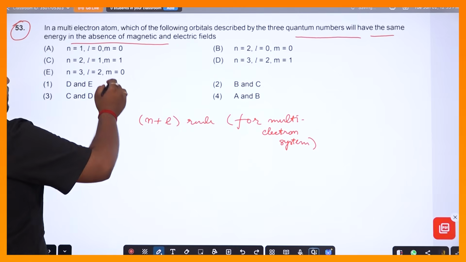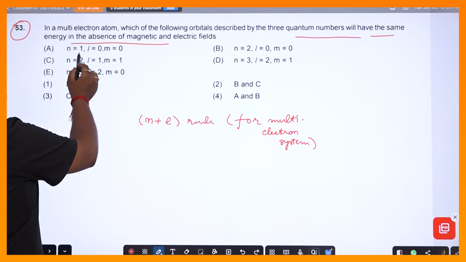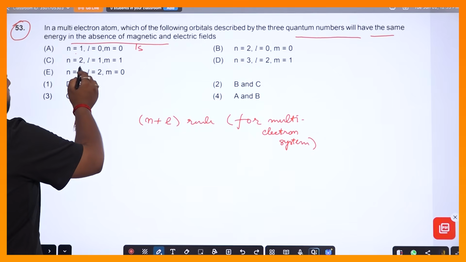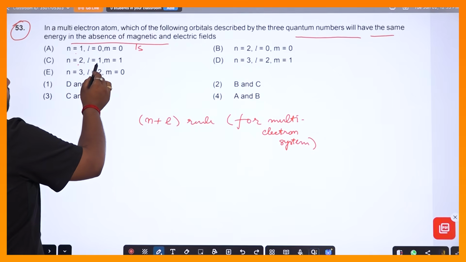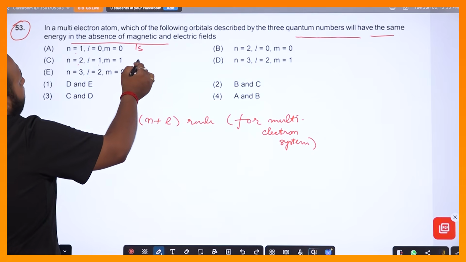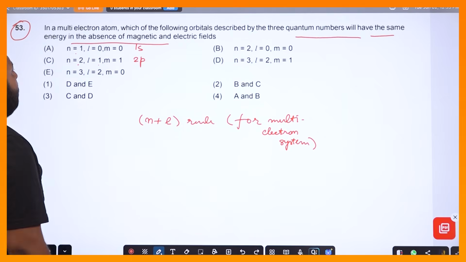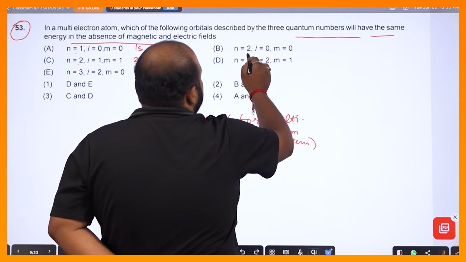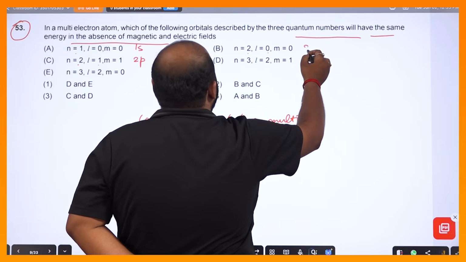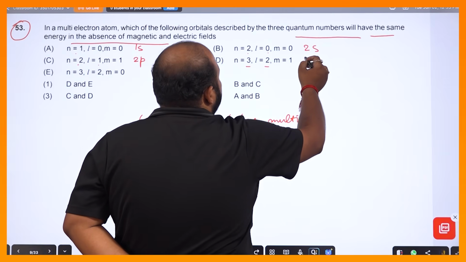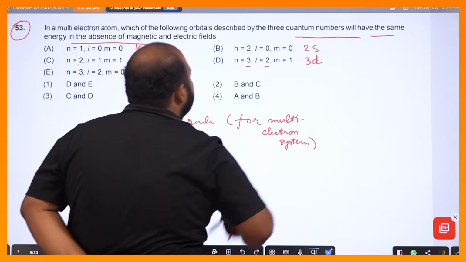So if we check out the n plus l value, for n equals 1, l equals 0, it will be 1s. For n equals 2, l equals 1, it will be 2p. And for n equals 2, l equals 0, it will be 2s. For n equals 3, l equals 2, it will be 3d.